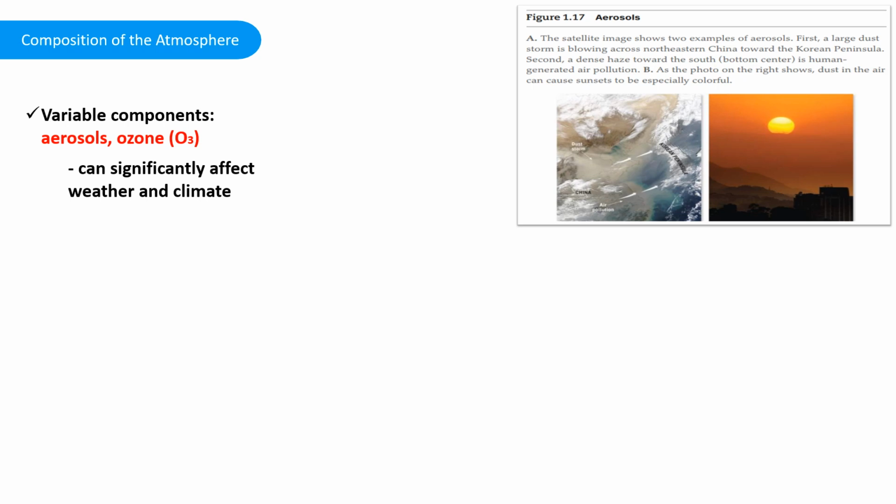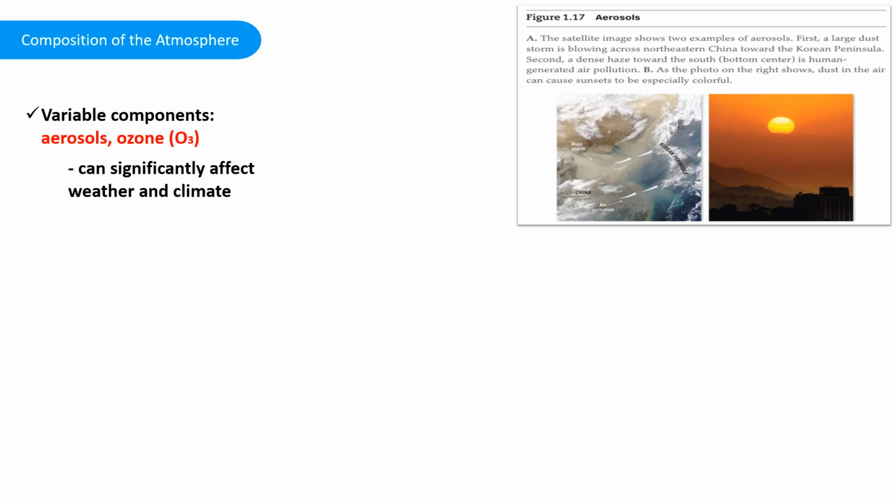On the left side is a large dust storm that is blowing across northern China towards the Korean Peninsula. So in this first arrow, this is the storm of dust.